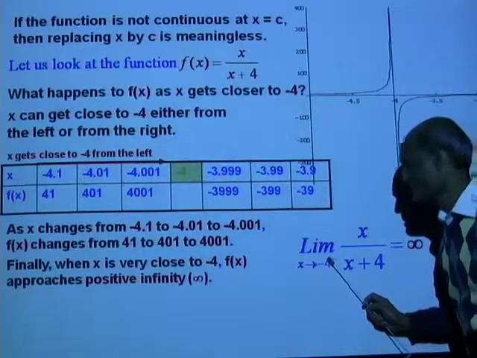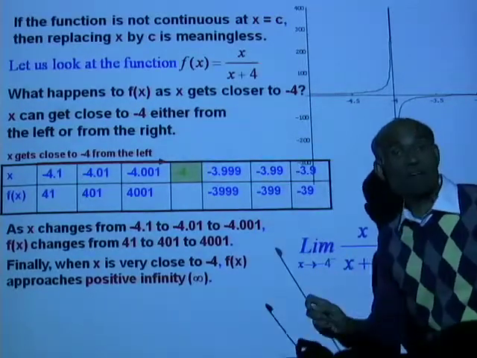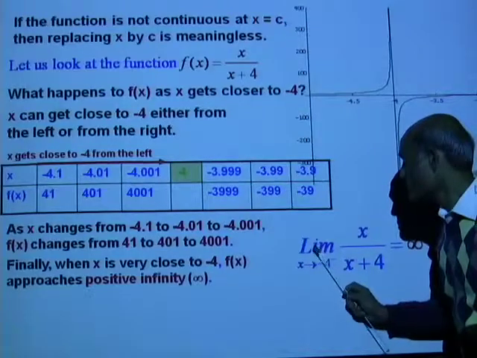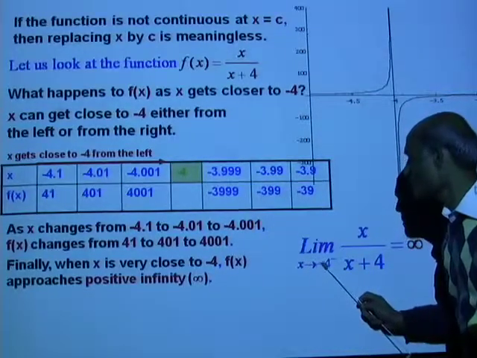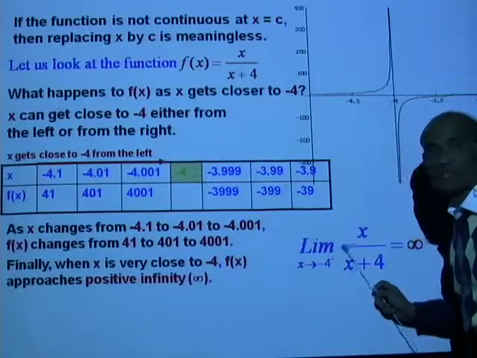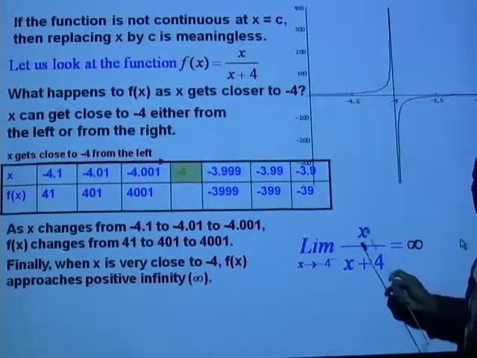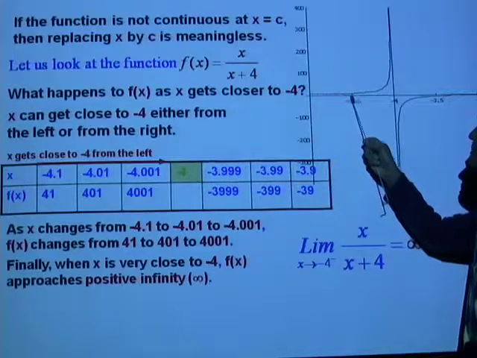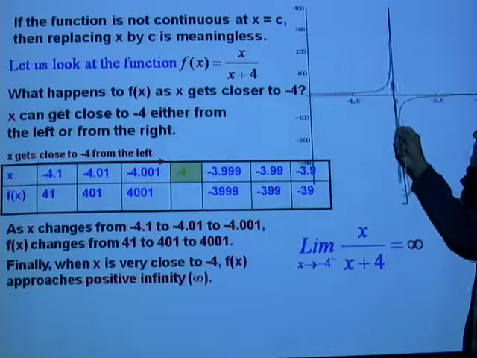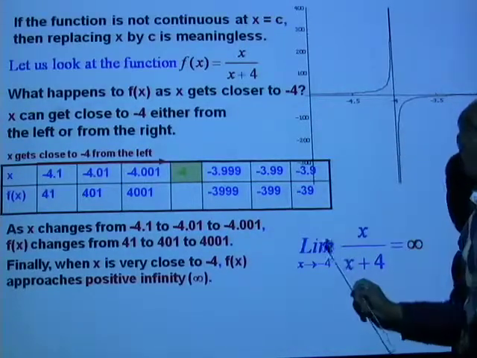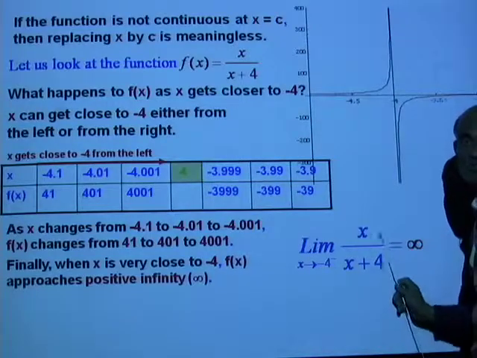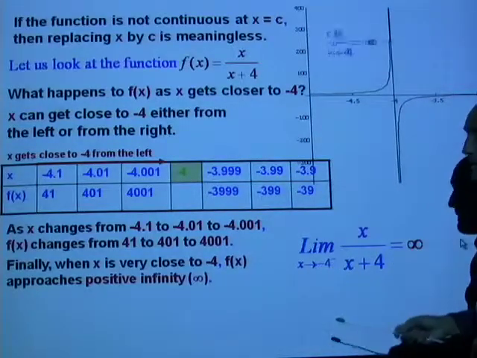Oh, sorry. Negative means from the left. So the limit as x approaches negative 4 from the left of x over x plus 4 is positive infinity. As x approaches negative 4 from the left, the output goes to positive infinity. I want you to make sure you understand it.